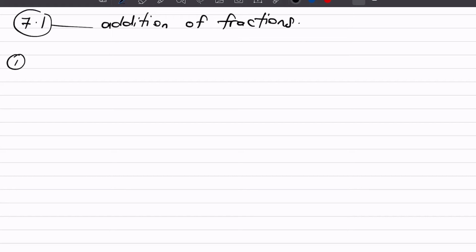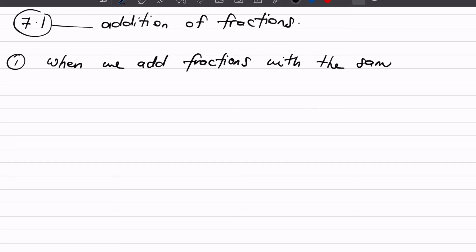The first rule is when we add fractions with the same denominators.